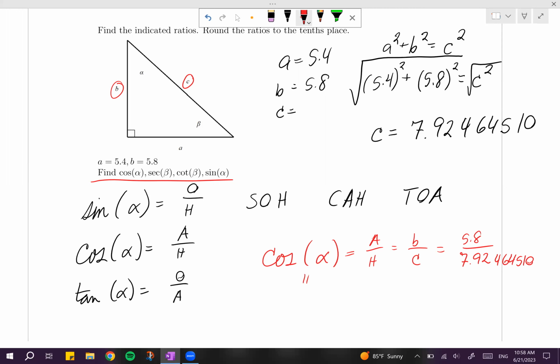I get 0.73189. I'm going to stop there because we only need to round to the 10th place, so we just get 0.7. So cosine of alpha is 0.7.